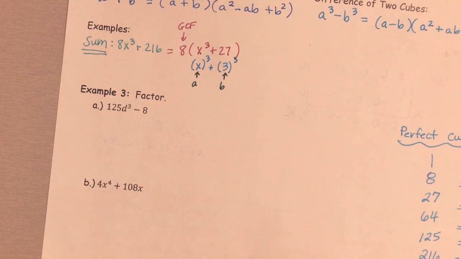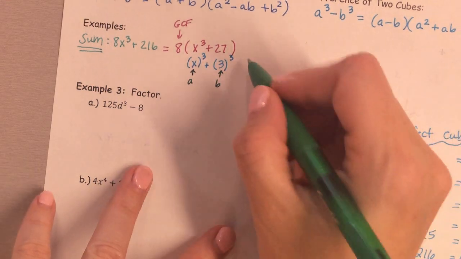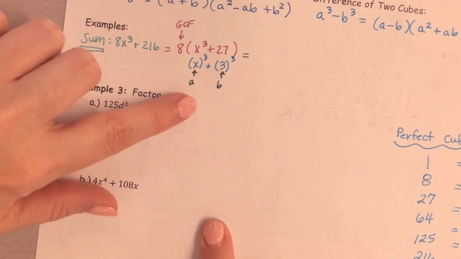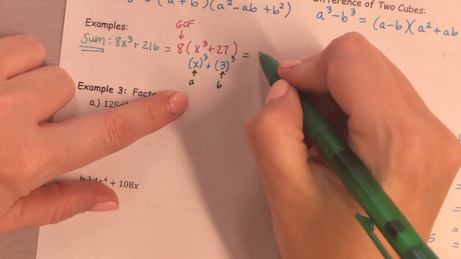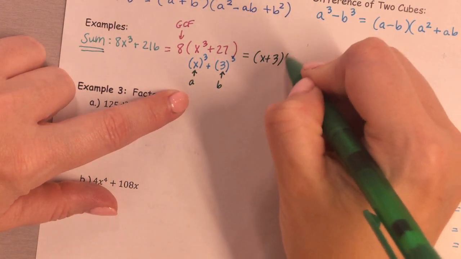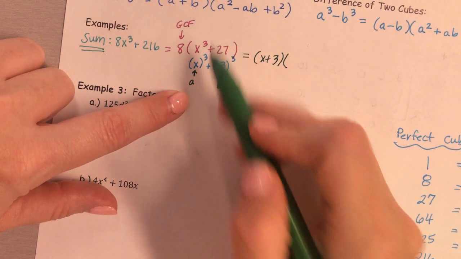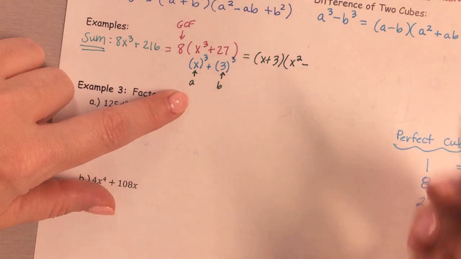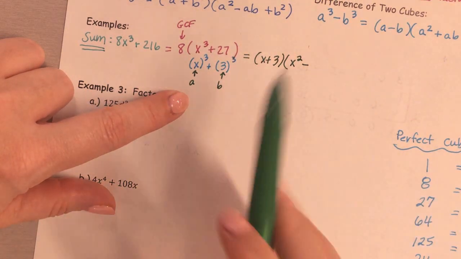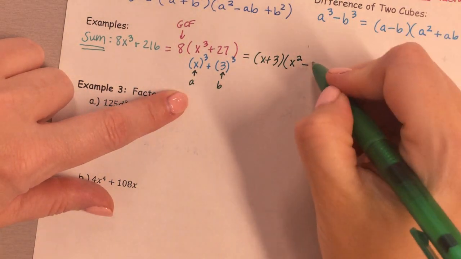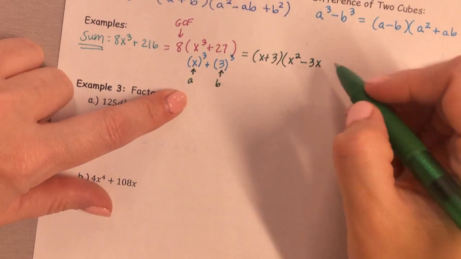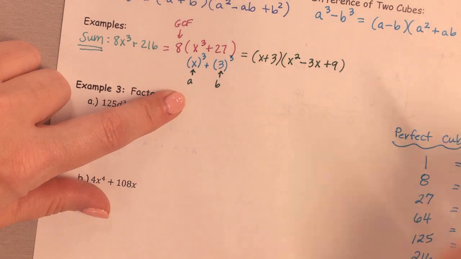Okay, so then looking at the sum, it's a plus b, so this is going to be x plus 3. And then I have a squared, which is just going to be x squared, minus, and that's always going to stay the minus, 3 times x is 3x. B squared is 3 squared, which is 9.